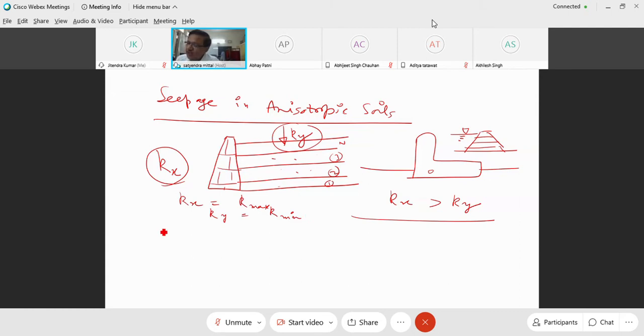So if we recall the equation of continuity, it is Kx into del 2h upon del x square plus Ky into del 2h upon del y square.